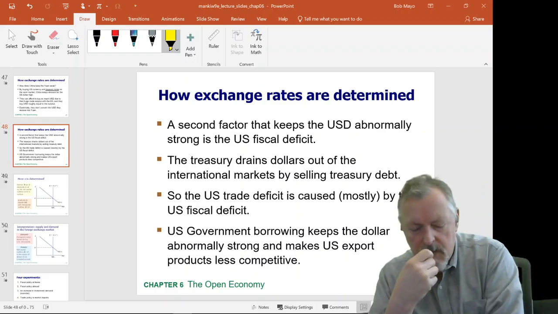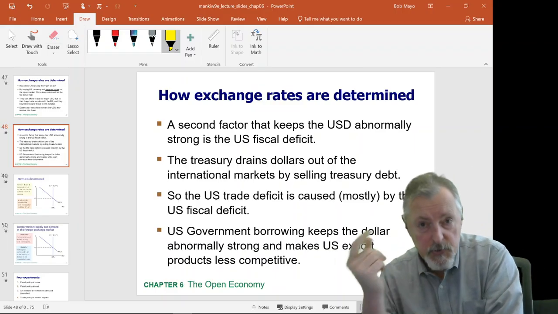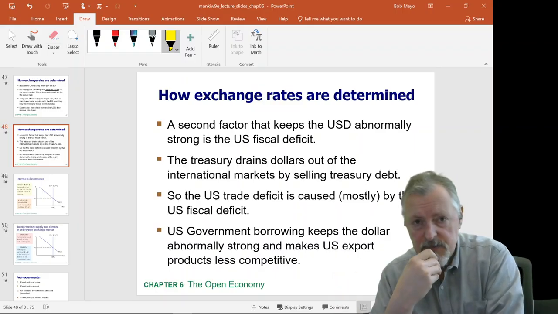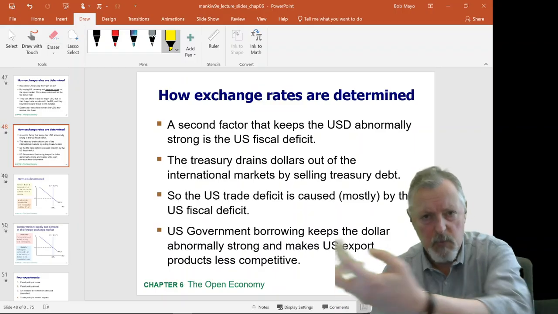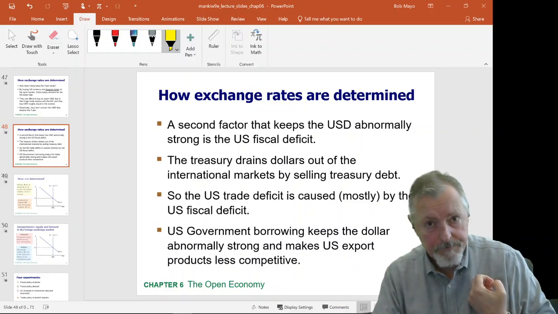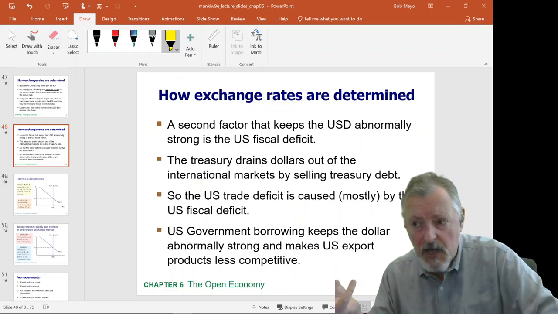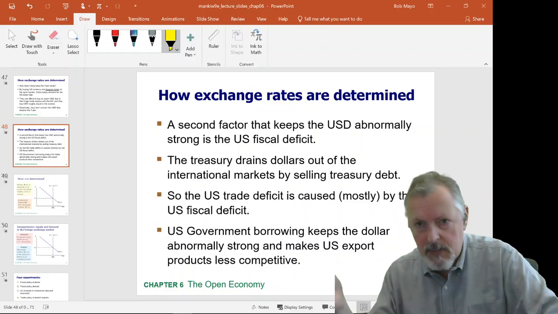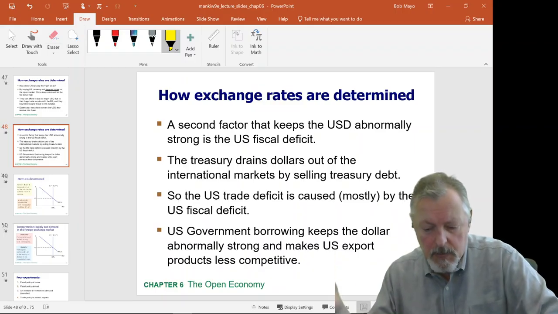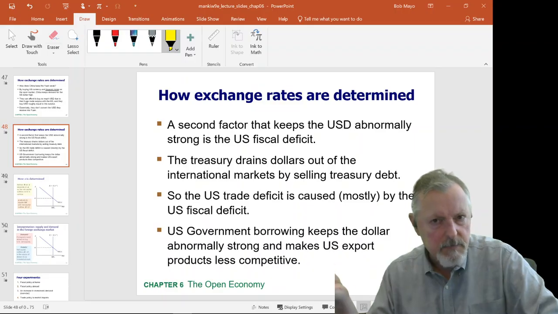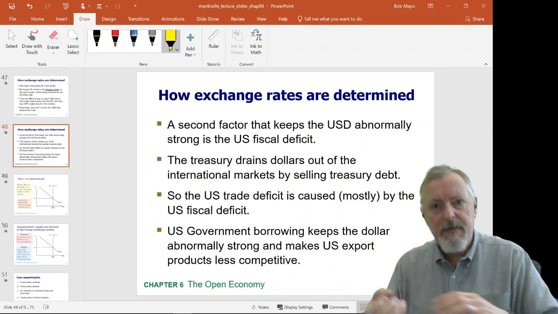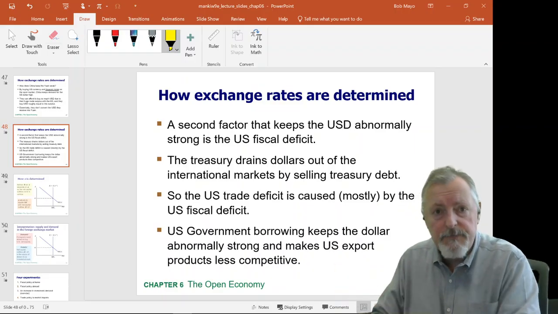Imagine the case again of Akira and Joe. Akira is the producer of guitars. Joe domestically is the buyer. Joe sends dollars to Akira. We import a guitar from Japan. Akira takes dollars, goes to the Forex market, and sells them. If that process happens over and over, millions and billions of times, dollars would build up in the foreign exchange markets, which would cause the value of the dollar on the Forex markets to fall.